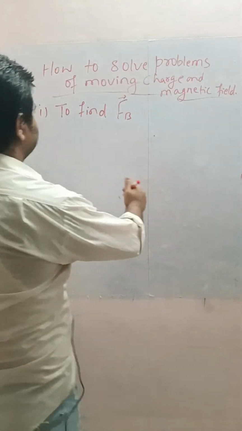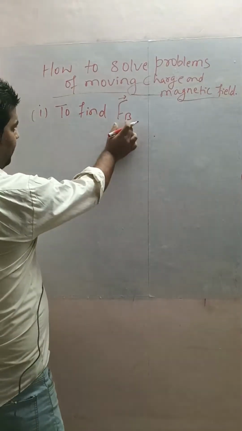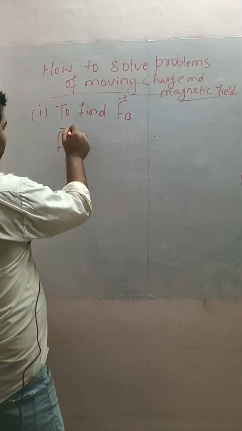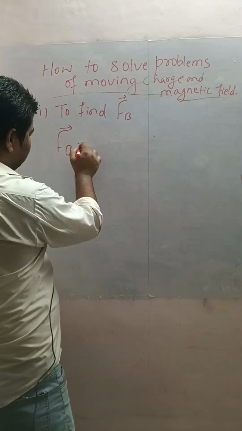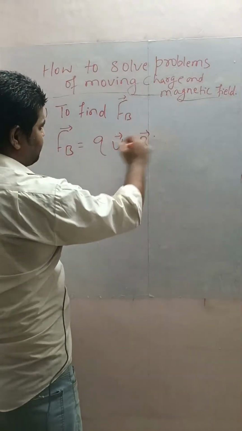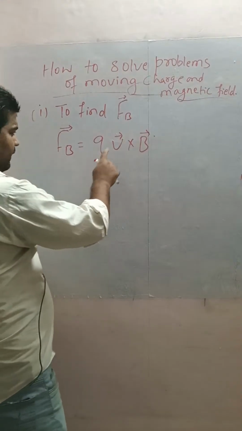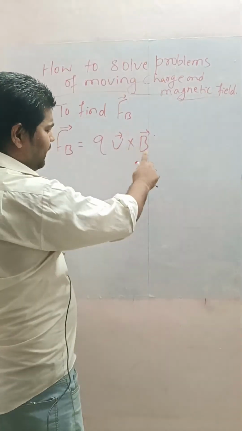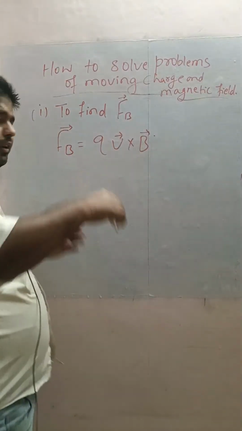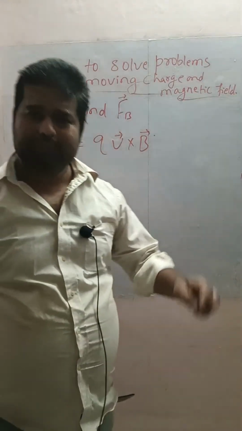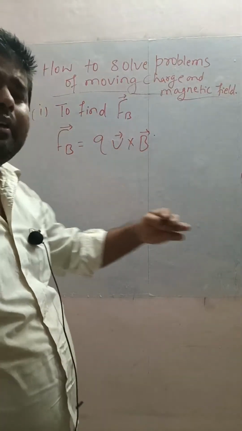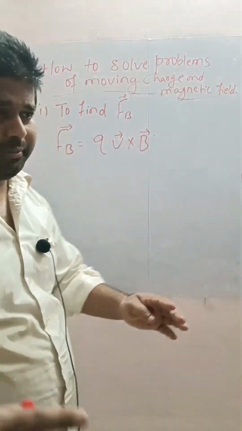Okay, see, to find magnetic force, as we know, the basic formula for magnetic force is Q V cross B. This is a charge with some velocity in a given magnetic field. A charge which is moving can feel magnetic force; if the charge is at rest with respect to the observer, it doesn't experience any magnetic force.